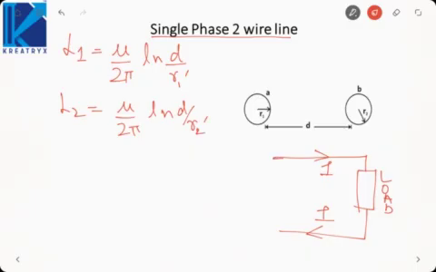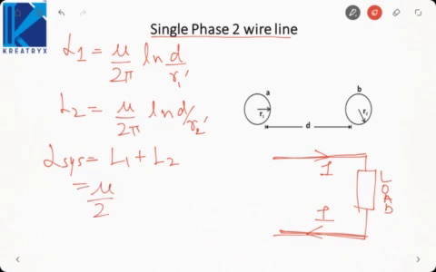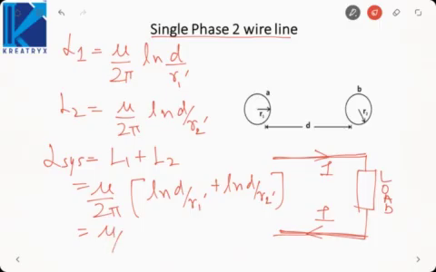From this figure, the same current passes through both the wires, so they are essentially connected in series. So L system will be L1 plus L2, mu by 2 pi into ln d by r1 prime plus ln d by r2 prime, so mu by 2 pi ln d square by r1 prime r2 prime.